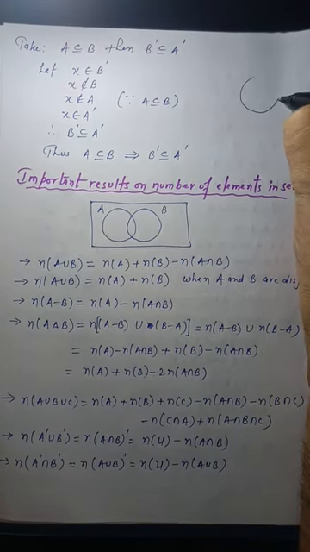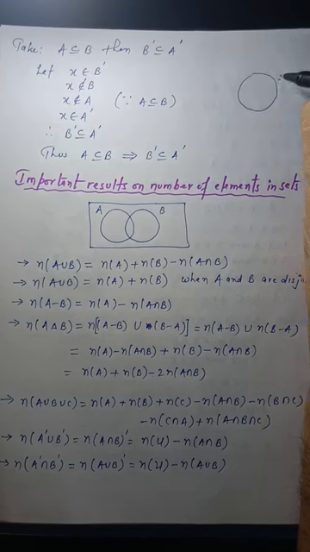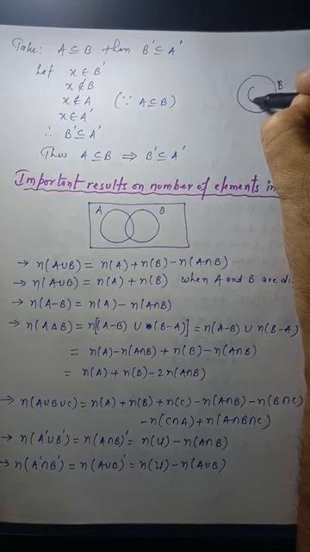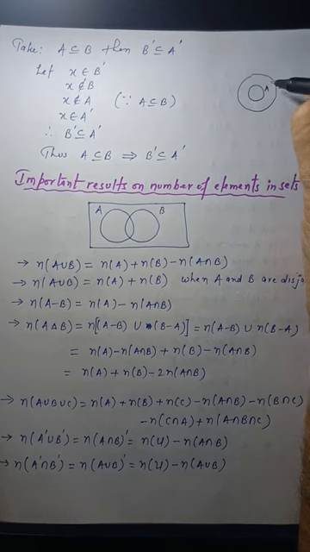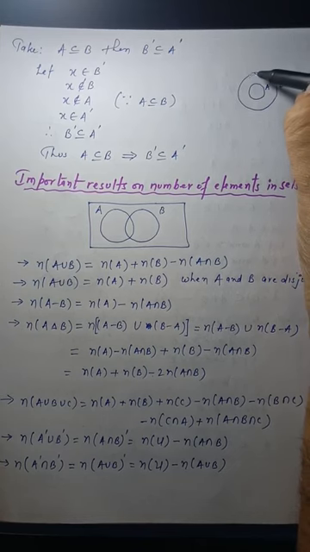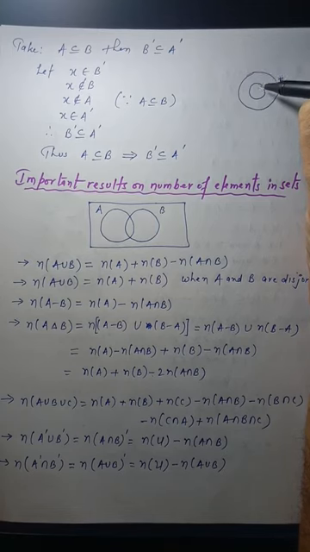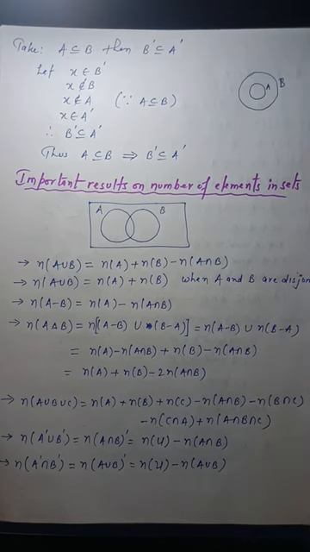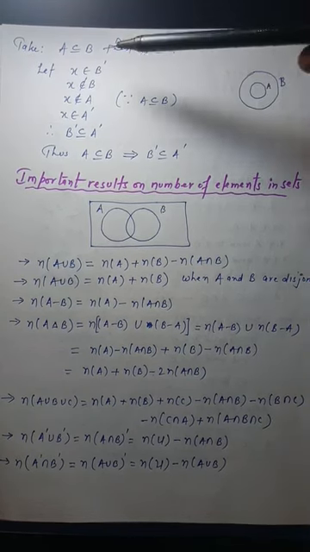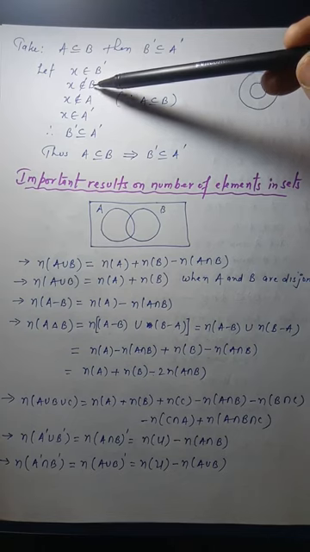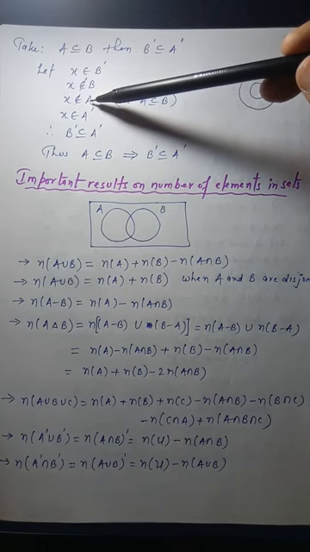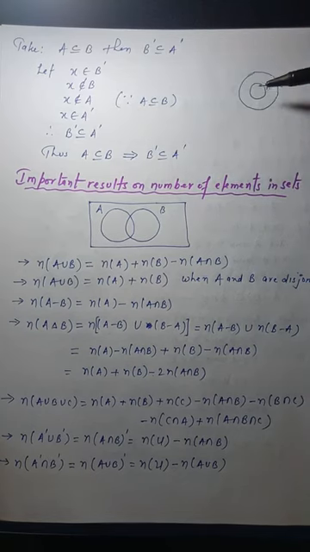This is India, like set B, and this is Allahabad, set A. If anyone is not present in circle B, obviously he will not be present in set A. So that's why I am saying if X is not present in B, definitely we can say X is not present in A, because if someone is not present in India, it means he is not in Allahabad.